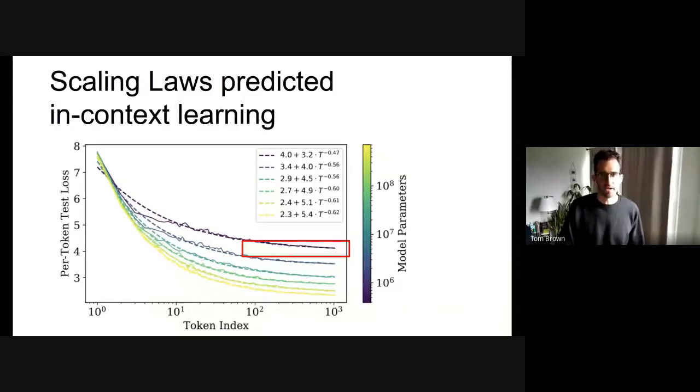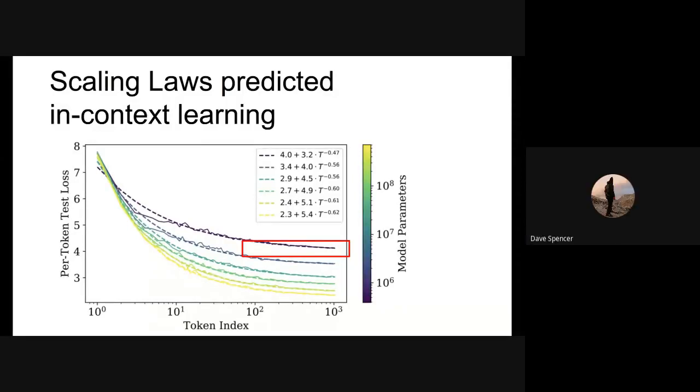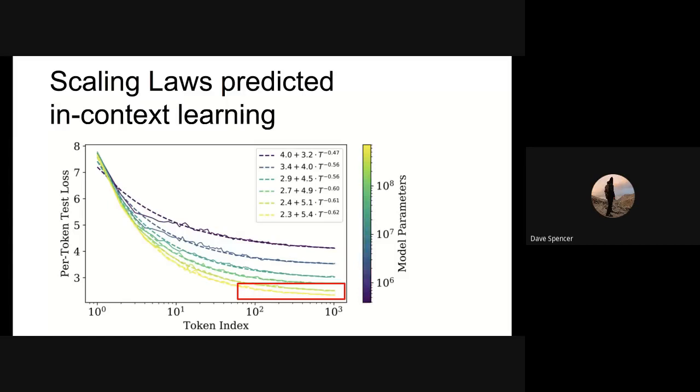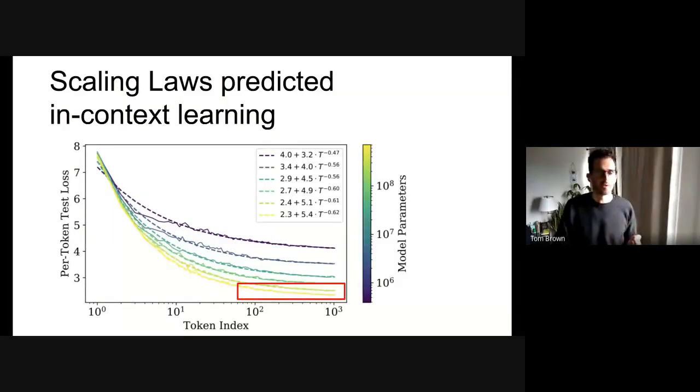So the model is picking up on a pattern as it goes along. I think this was not really surprising to people, but at least to my knowledge, it hadn't been studied very carefully. They also showed that this happens more for the larger models, so the amount of in-context learning that happens for these larger models is also more than for the small models.